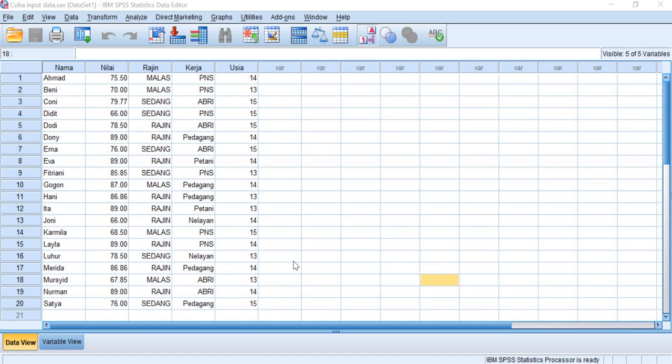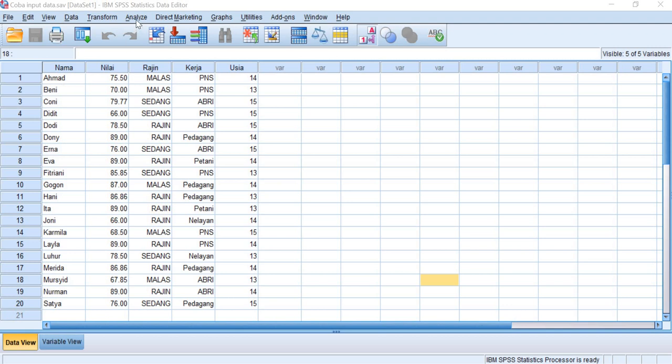Firstly, we can open the existing data that we have in our SPSS file. In this file you have different types of data: this is the ratio, this is the ordinal, and this is the nominal data. This one is also ratio data. So we will focus more on the ratio data for this video.